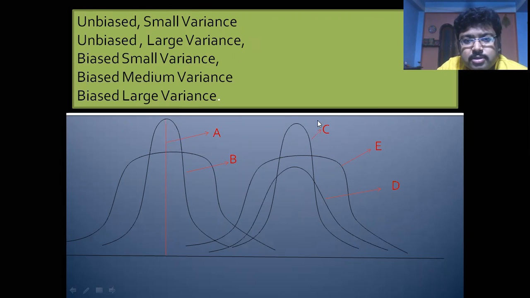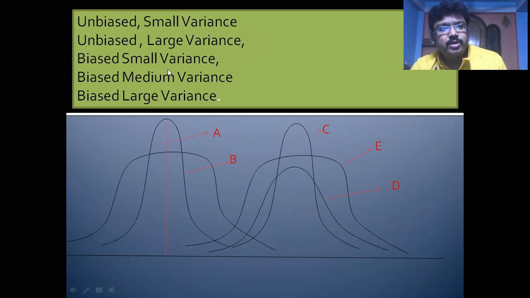and here we try to clarify unbiased with small variance, unbiased with large variance, biased with small variance, biased with medium variance, and biased with large variance.